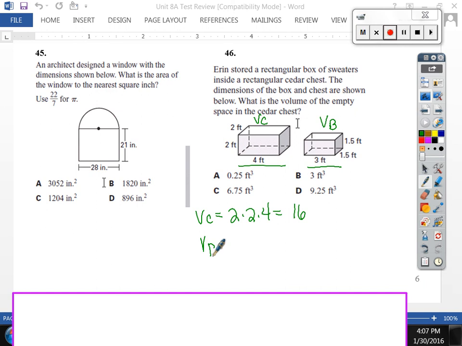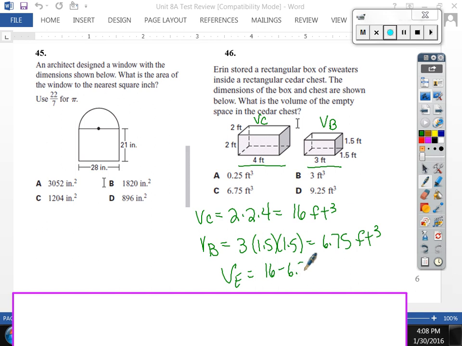Then the volume of the box is length times width times height, which is 6.75. This is all feet cubed. So the volume of the empty space would be 16 minus 6.75, which is 9.25. So my answer is 9.25 feet cubed.